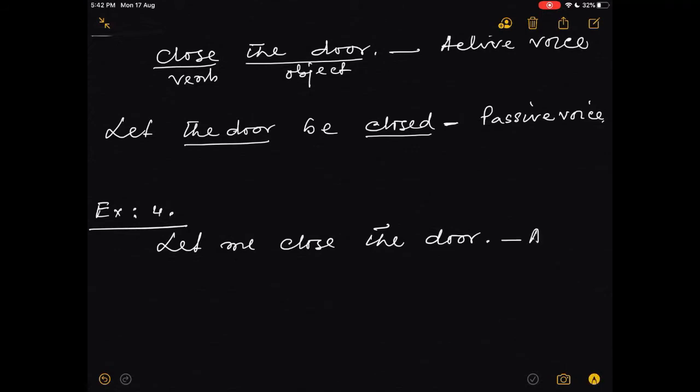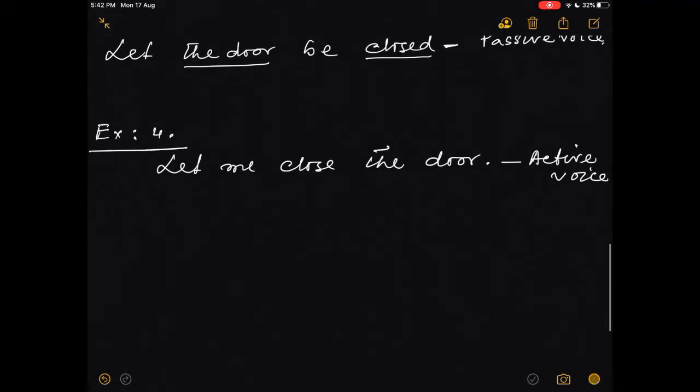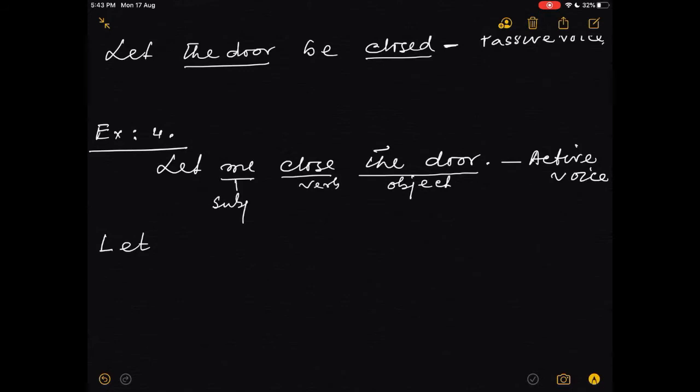It is an active voice. Now use the syntax and see. First let, then the object. This is the object and this is the verb, and this is a new thing here, that is the subject.